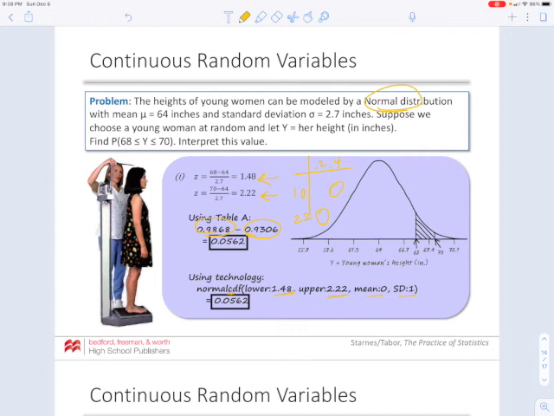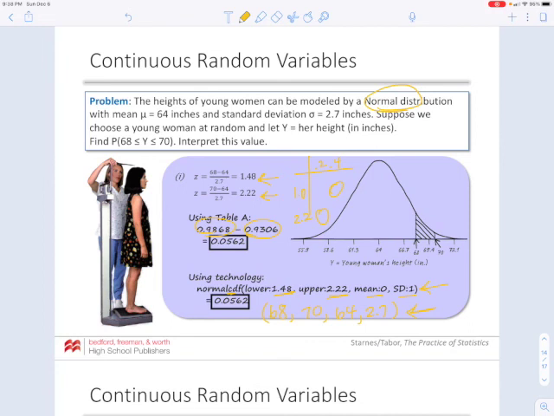Or you could actually change that, and your lower could be 68, your upper is 70, and we use the mean of 64 and a standard deviation of 2.7. The top one, the one that's typed here, is using the standardized scores, whereas what I just wrote is using the information that was provided without standardizing it. They'll both give you the same value.